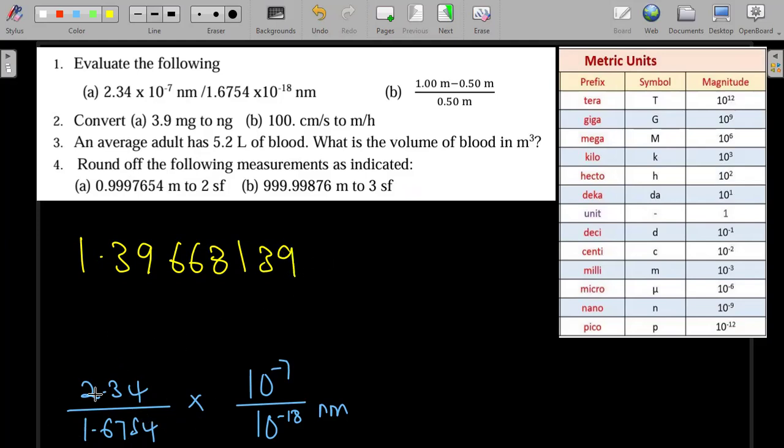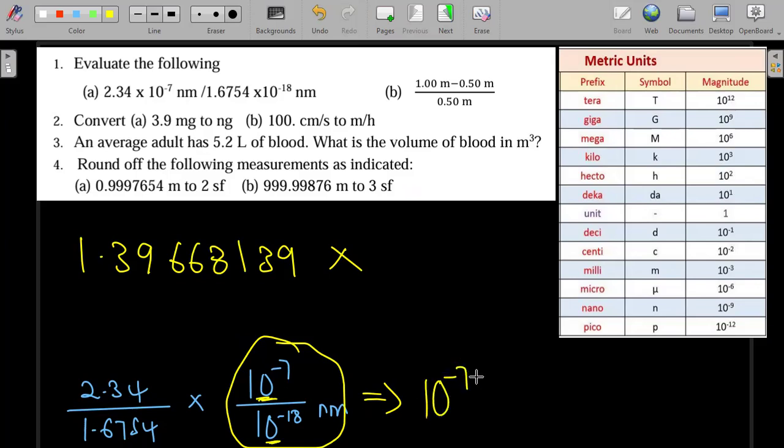Then multiplied by, and here we use laws of indices. Since I have a 10 and a 10 and I'm dividing, I subtract their powers. So this is the same as 10 to the power minus 7 minus, in brackets, minus 18.